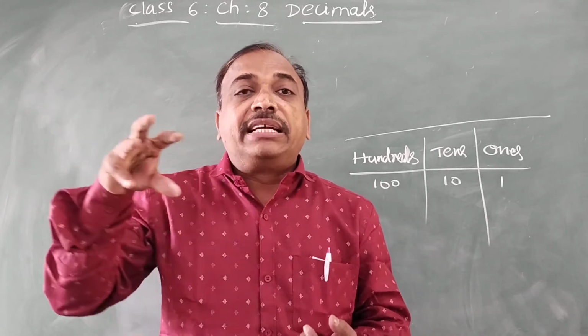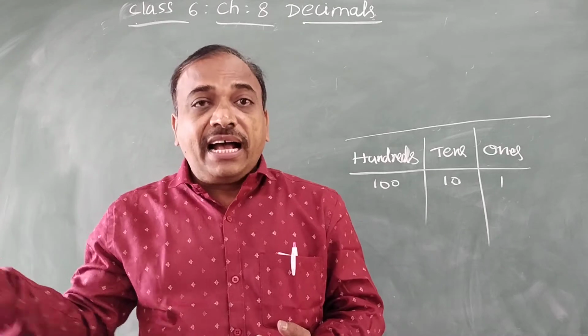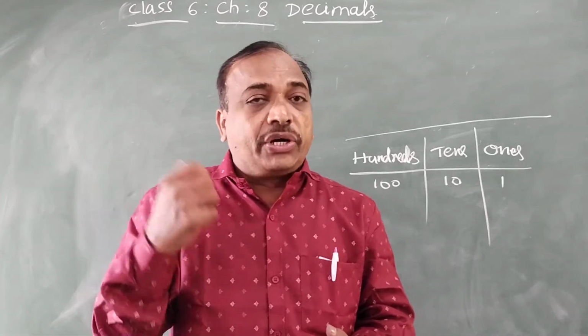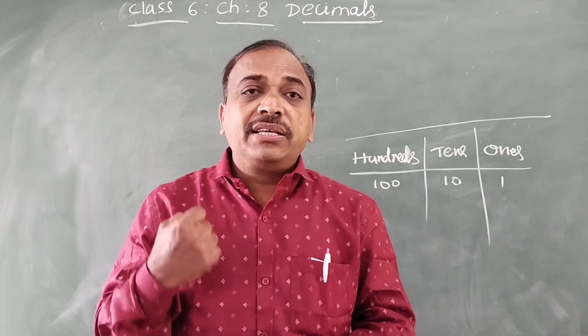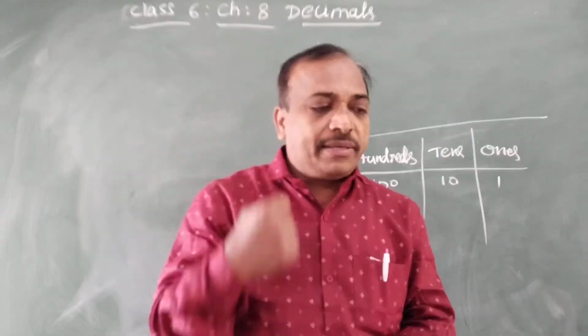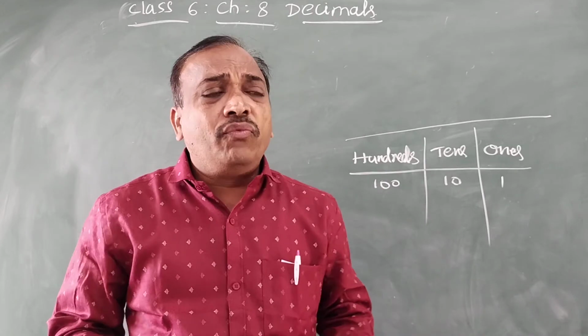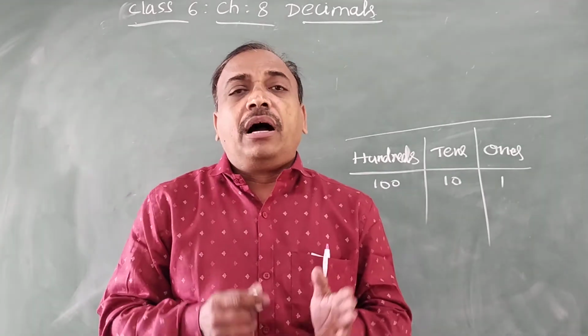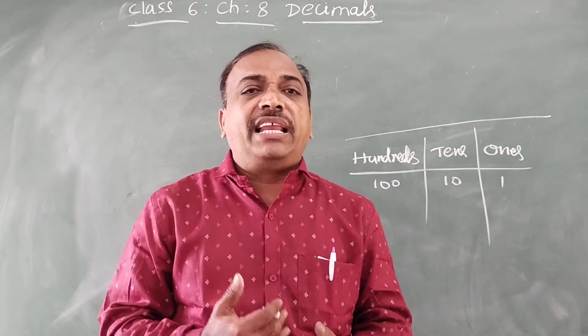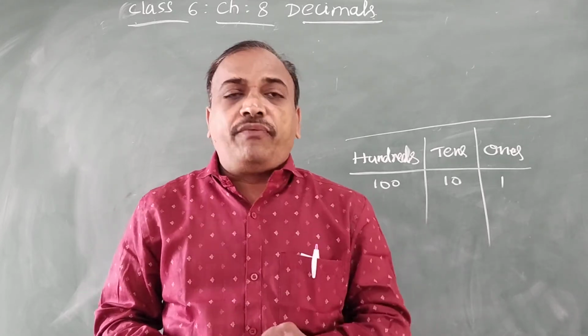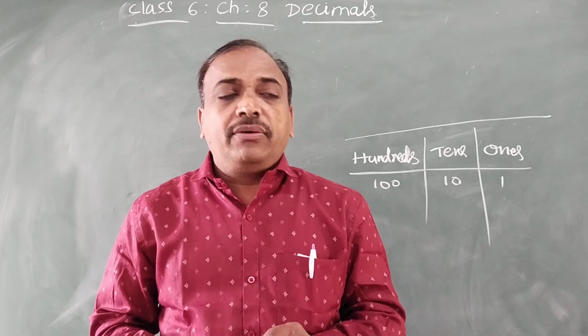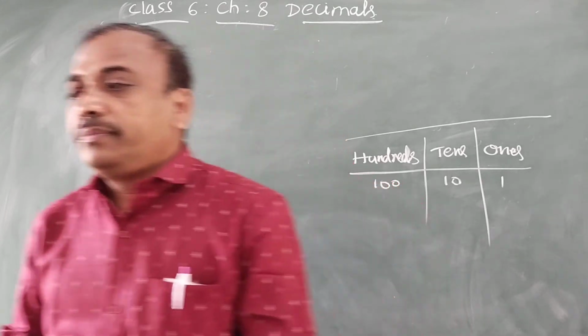So this type of situation has forced the introduction of the decimal concept. Let us see what decimals are, where to use them, their use in daily life and applications, and how to express in the form of a decimal. All this we will be discussing now.